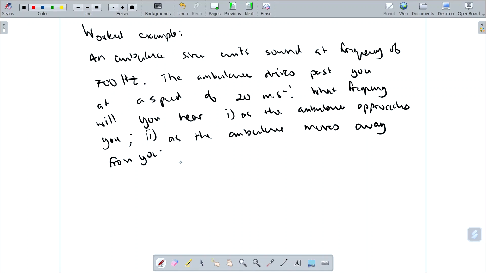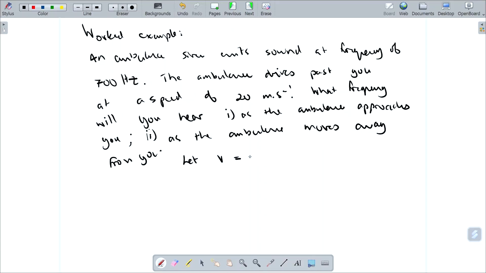For this, we're going to need the speed of sound in air. So remember, that's the V in that equation there. Let V equal 340 meters per second for the sound in the air.